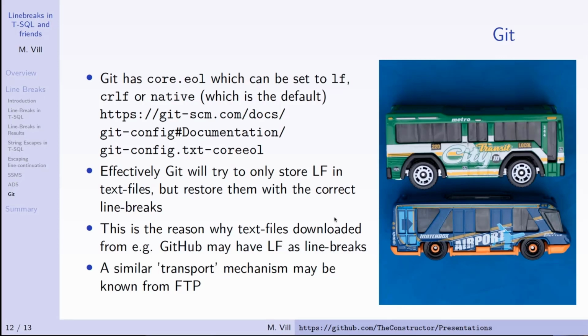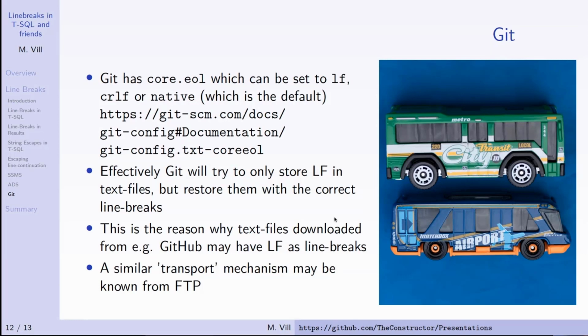And it could be line feed, carriage return line feed, or native, which is the default and is carriage return line feed on Windows and line feed on pretty much everything else. There are some more options related to that, especially to what is considered a text file, but I think it's not coverable in these 10 minutes. So probably look up the documentation. That's a starting point, and go on from there.